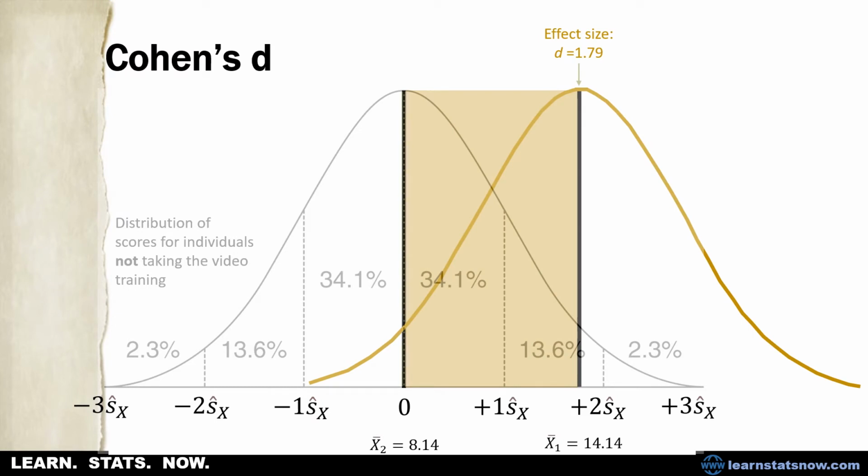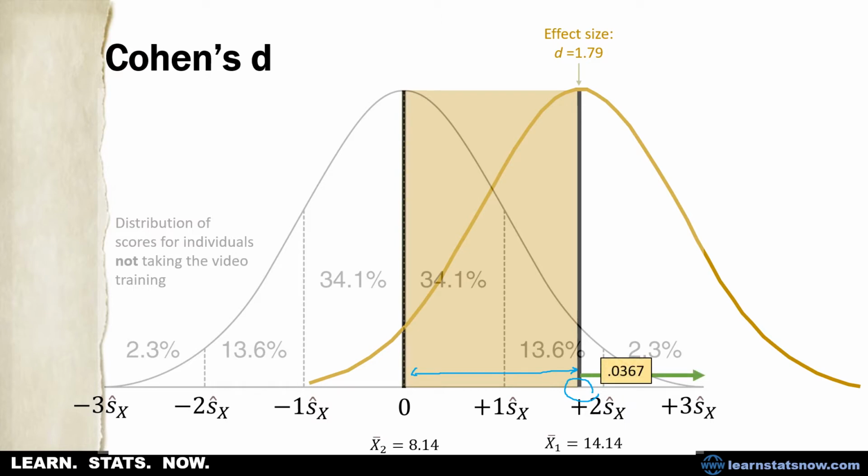With an effect size of 1.79, which of course corresponds to a mean for the first group of 14.14, Cohen's d would show up somewhere about here. And this difference between the effect size estimate of 1.79 and 0 really represents the size of the effect.